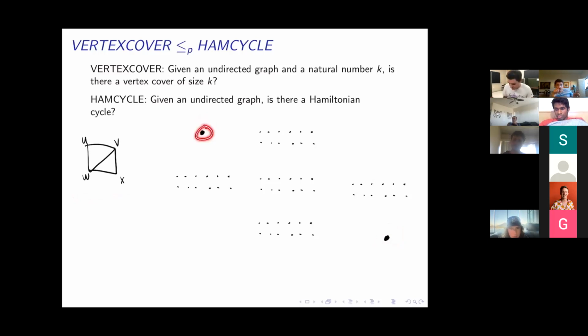So I'm going to draw 2 new vertices because I'm looking for 2 vertices. And then for every edge in the graph, I'm going to draw what I call an edge gadget of 12 nodes. And all of those are nodes. And now I'm going to draw for you the edges among these nodes here.